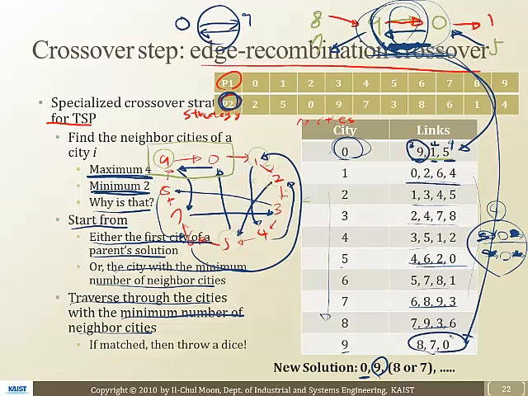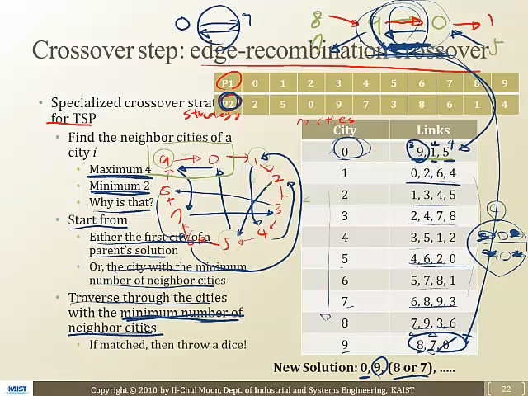And then 0 is already visited, so it's gone. 8 has 4 links, 7 has 4 links, so it's going to be a coin toss between 8 and 7, and then we keep going. Why do we choose the minimum number of neighboring cities? Because those cities actually have some agreement in terms of neighboring cities in the parent solutions.